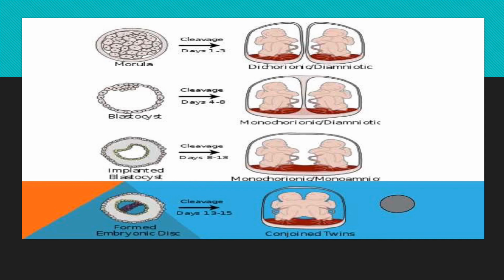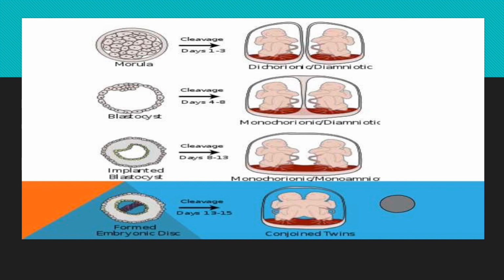This diagram is very important. It shows the time of cleavage and separation of the twins. When we have a separation at day 1, 2, 3, then we have dichorionic and diamniotic twins. And when the cleavage happens at 4 to 8 days, we have monochorionic and diamniotic twins.